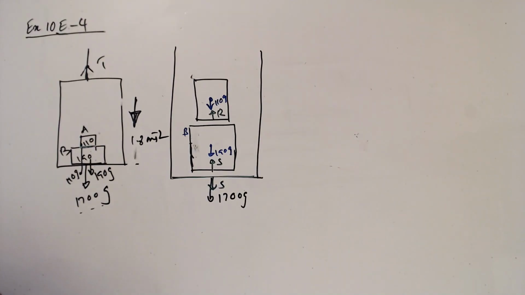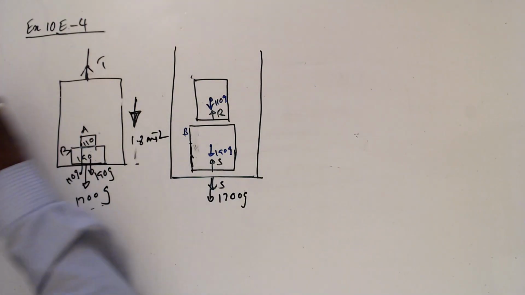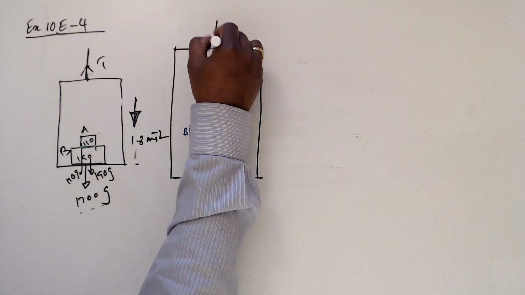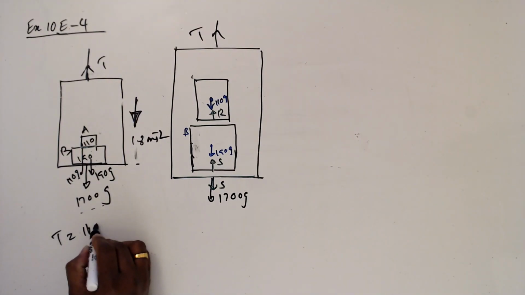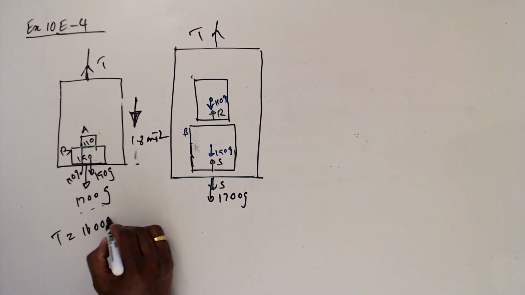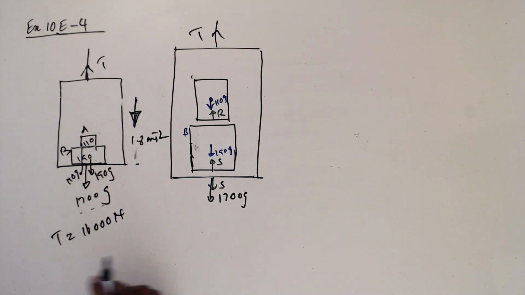Now this is the tension T. Already we know T is 16,000 Newton.